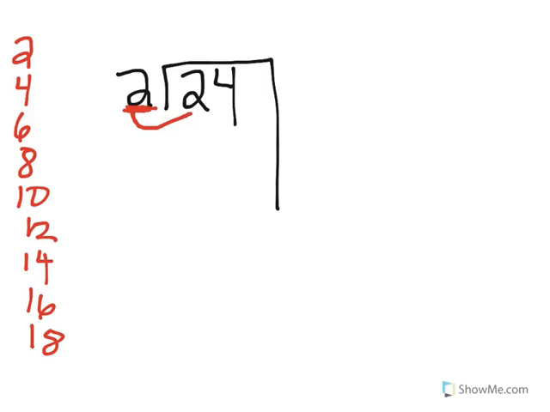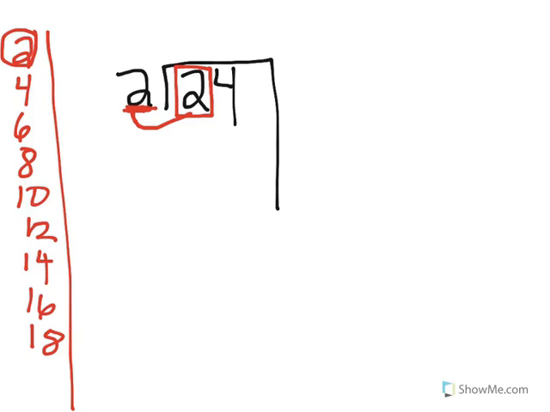So whenever your divisor is the same or less than the first digit, you only have to box in 1. So I can box in just the 2, and now I'm going to look over at my multiples and see how close can I get to 2. Well, look, we can hit right on it.